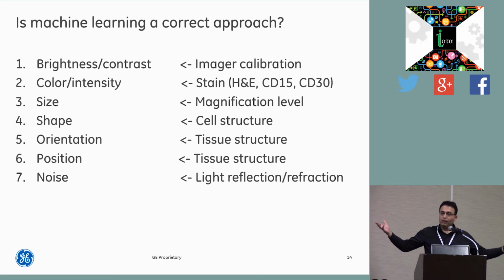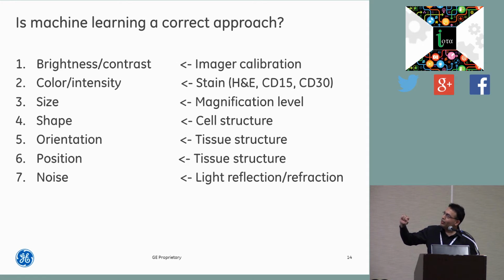So a pathology lab might have multiple scanners. So even if you have to put the same tissue sample under different scanners, the image that you get would be quite different. And it depends upon how the individual imager or scanner was calibrated when they installed it, or periodically when they tuned it. Okay? So there is variability there depending upon the source of the data.